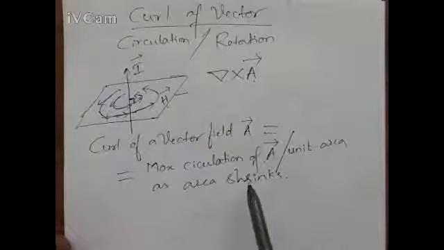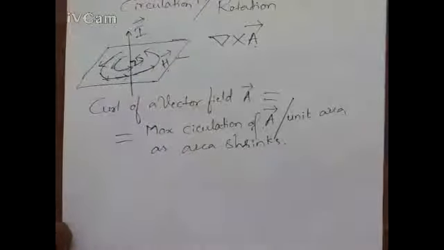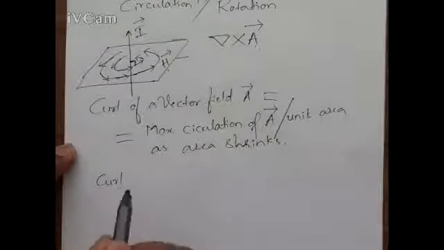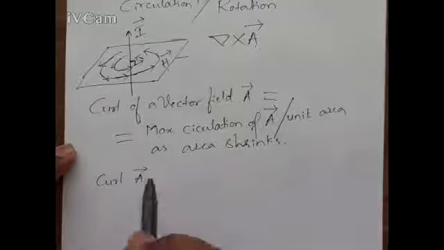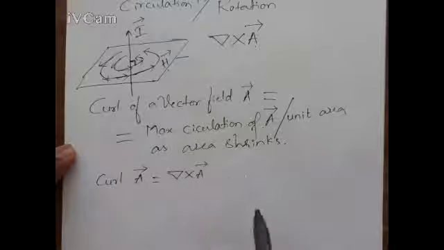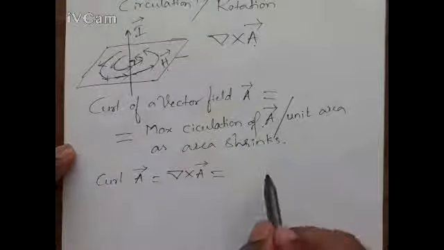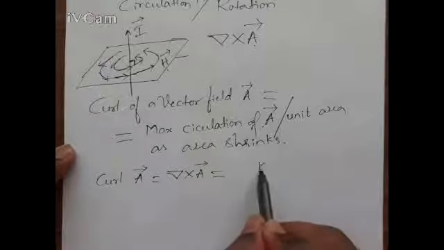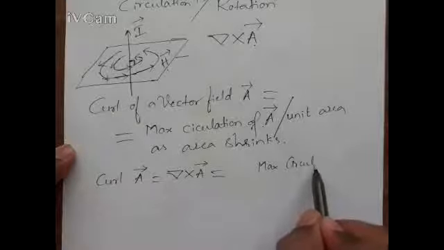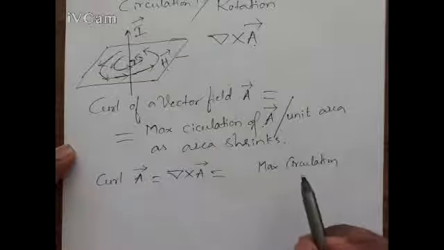Now let me write the same definition in the form of mathematics. The curl of a vector A, which you can write as del cross A, is equal to the maximum circulation per unit area.